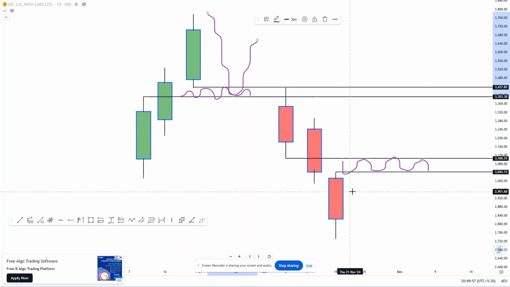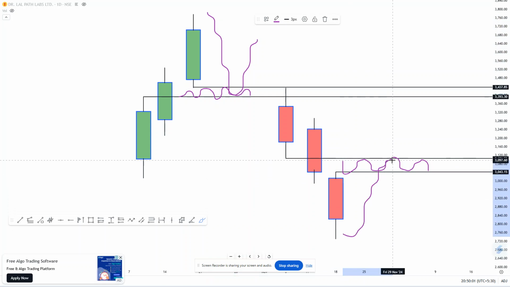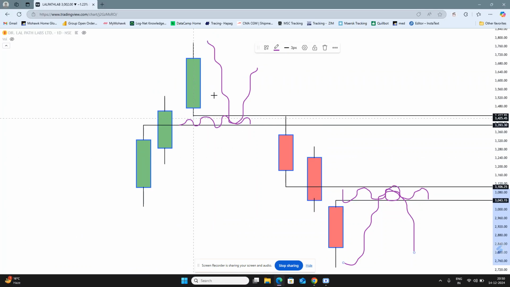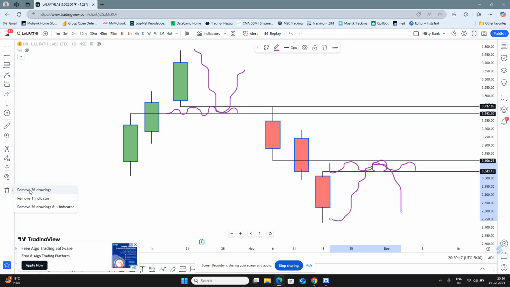And in a downtrend, whenever the prices come back here, we will try to short, right? So it's a very simple technique. It's just that you need to find the correct places to enter the trade.